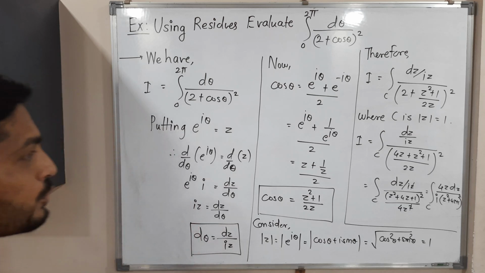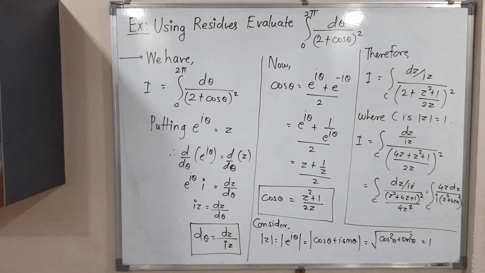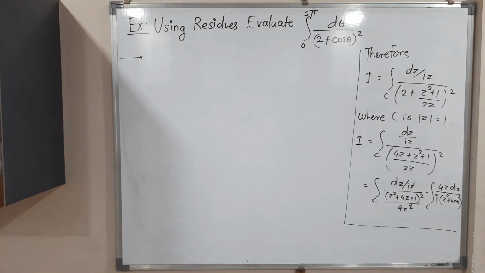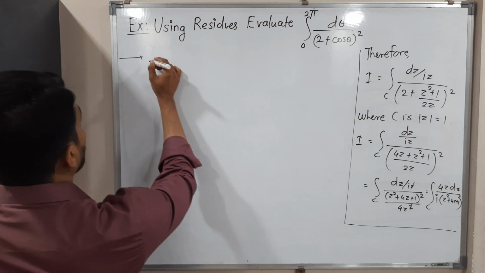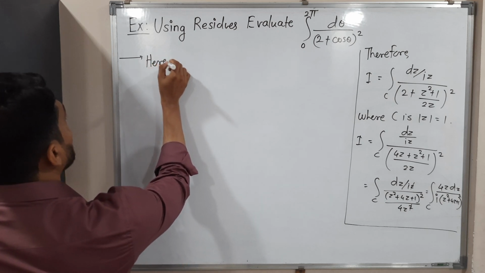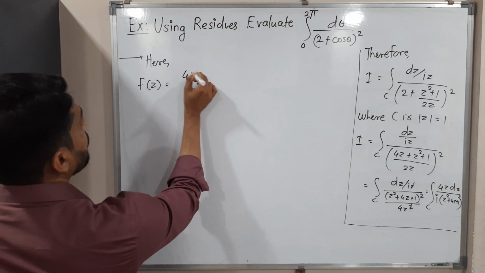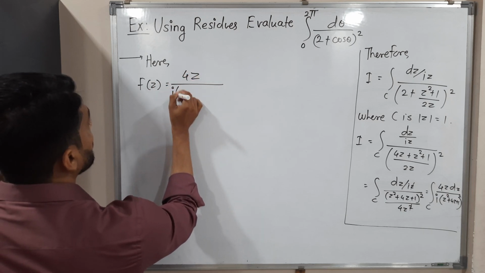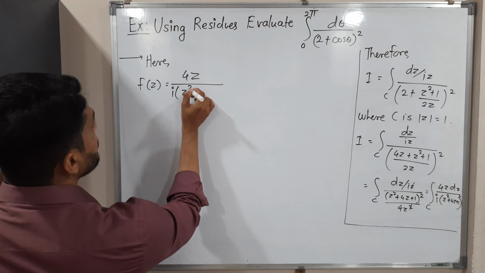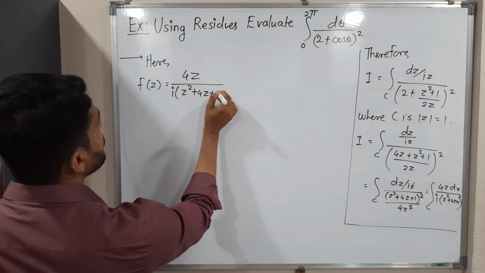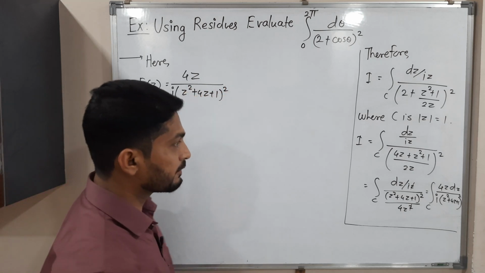Just to make a screenshot of it, then I will go further. So what is our f of z here? The function f of z is 4z upon i (z square plus 4z plus 1) whole square. So this is the function.